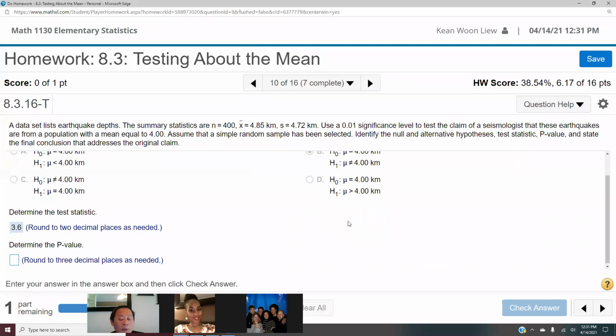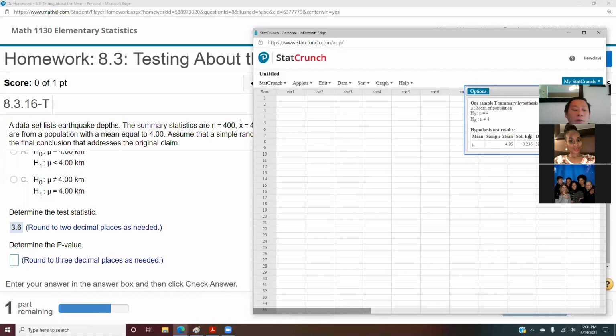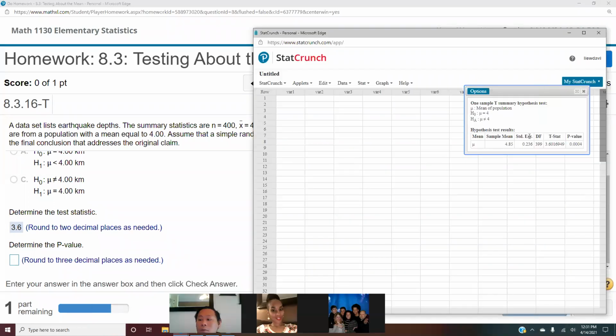Your p-value will be the next one, next to it. When you're putting in the numbers, you don't change the significance level, like the 0.95.